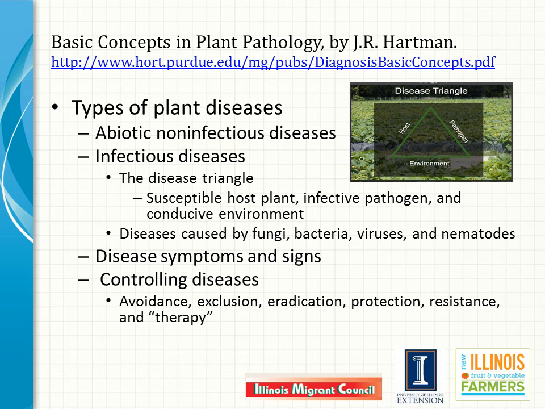For infectious diseases, a very important concept in plant pathology is that of the plant disease triangle, the basic idea that infectious plant diseases develop only when three things are present simultaneously. 1. A susceptible host plant, 2. A pathogen that can infect that plant, and 3.